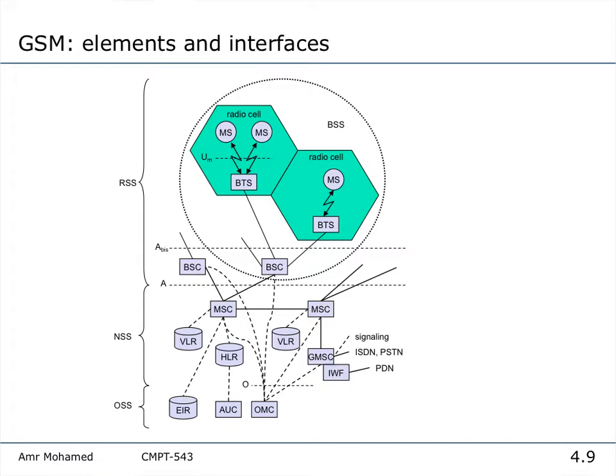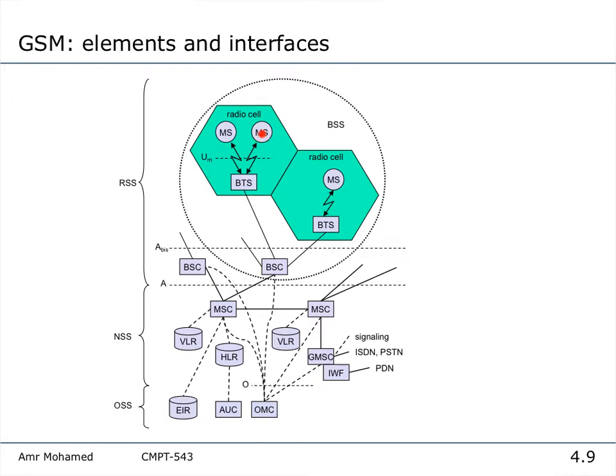So the base station controller is responsible for assigning the frequency channels to each of these cells in such a way that it mitigates the interference. And also, it can facilitate the handover of mobile stations from one cell to another.